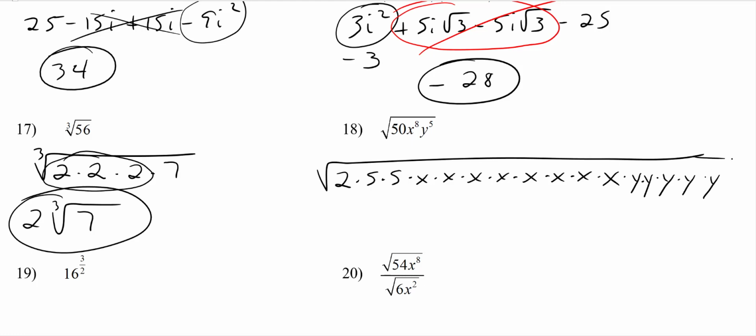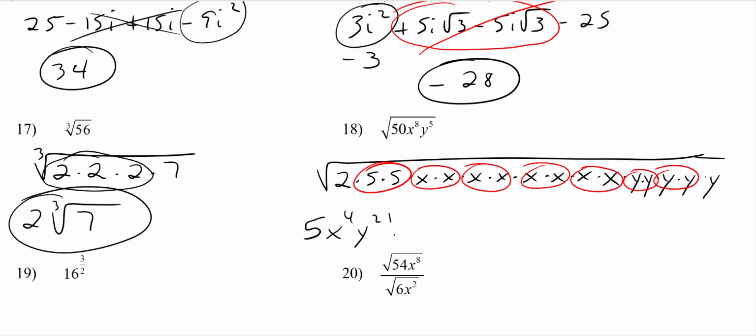And I'm looking for perfect squares. So I can pull out 5, a pair of x's, a pair of x's, a pair of x's, a pair of x's, a pair of y's, and a pair of y's. So that all comes out. So I get 5 on the outside, x to the 4th, y squared, and the leftovers are 2 and then y. That's your answer.